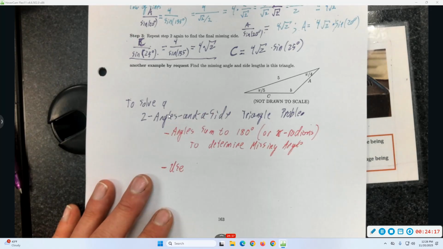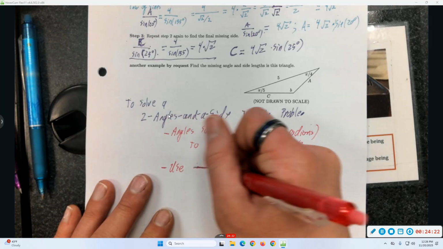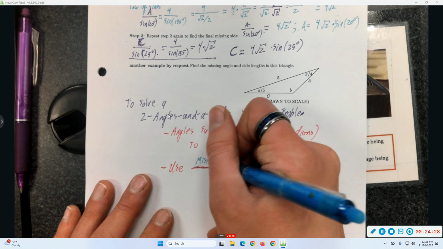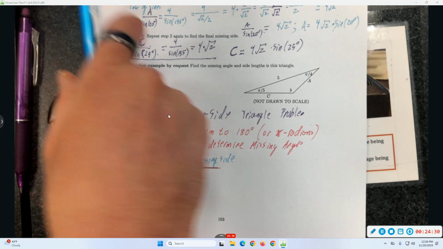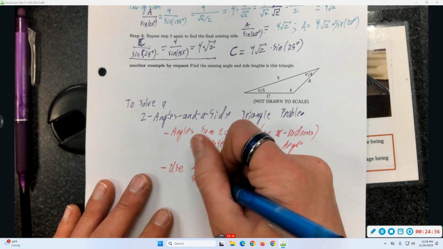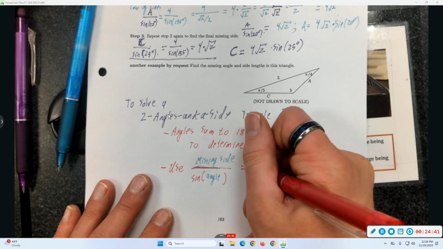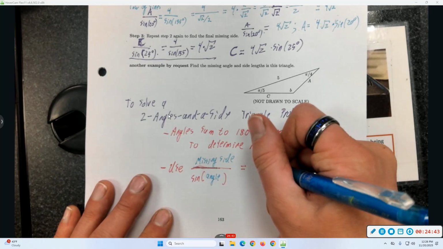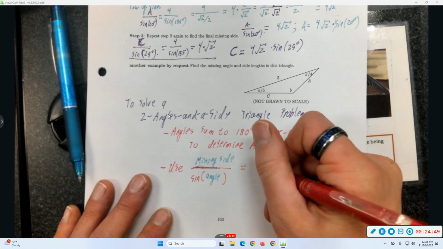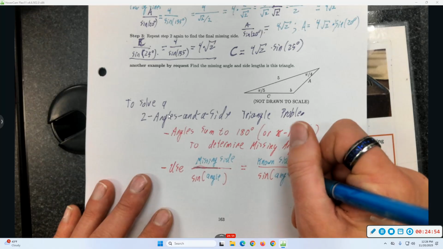We used the law of sines, which says that if you take any of the missing sides and divide by the sine of an angle, that's equal to the known side divided by the sine of an angle.